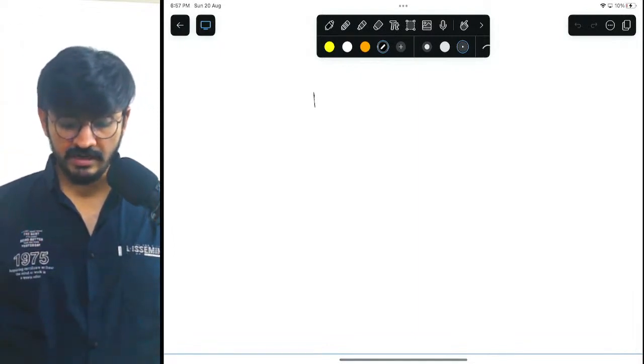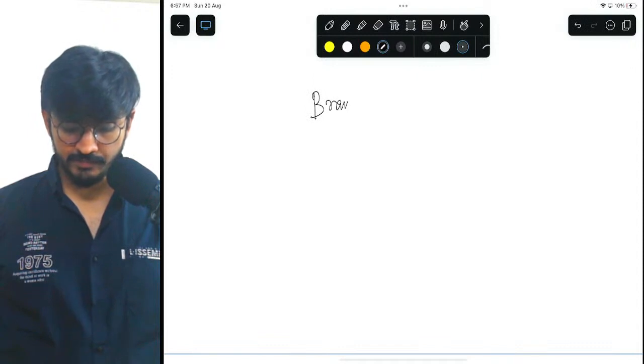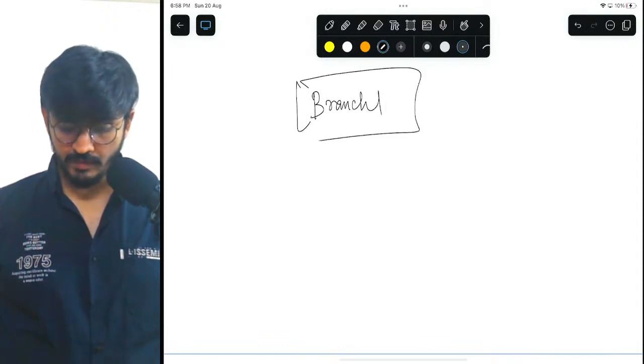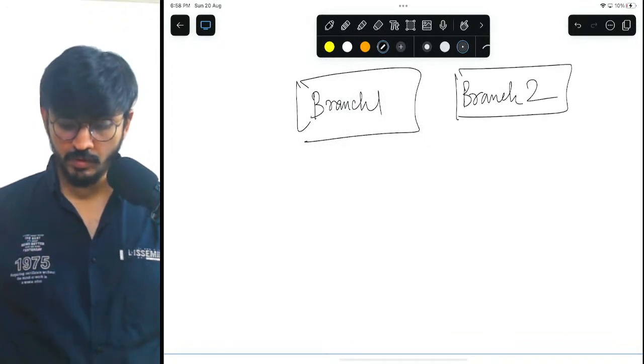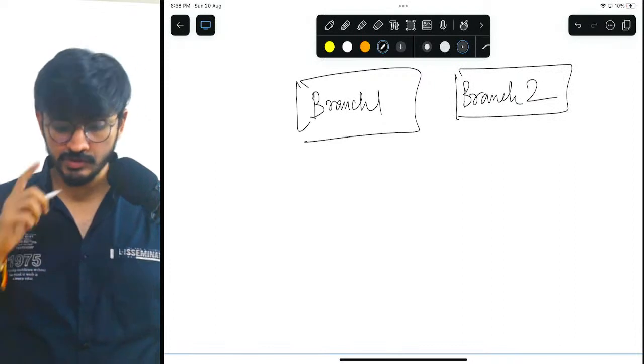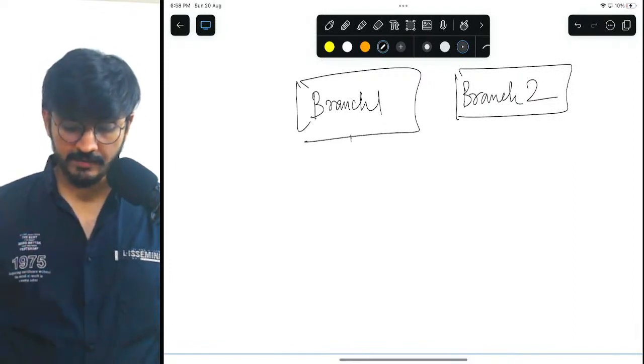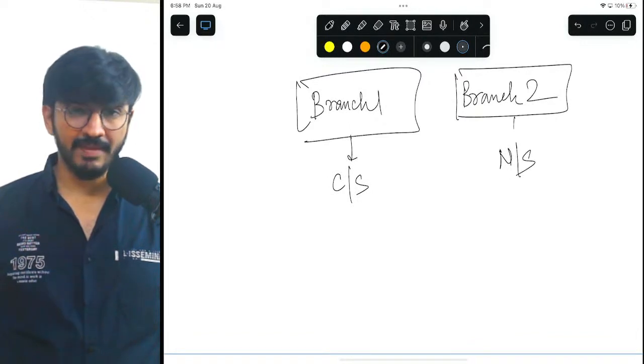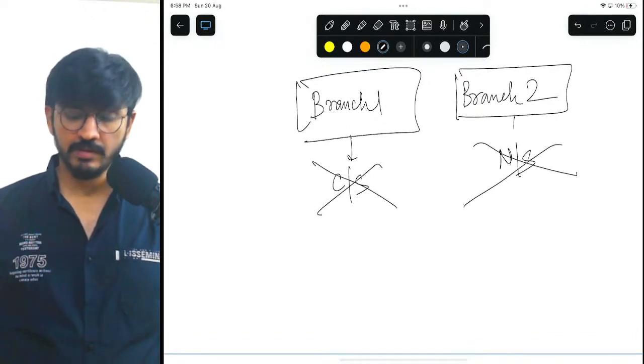Okay. So understand, there is branch one, there is branch two. Now understand. Branch one wants composition, branch two wants normal. Can that happen? Not possible.